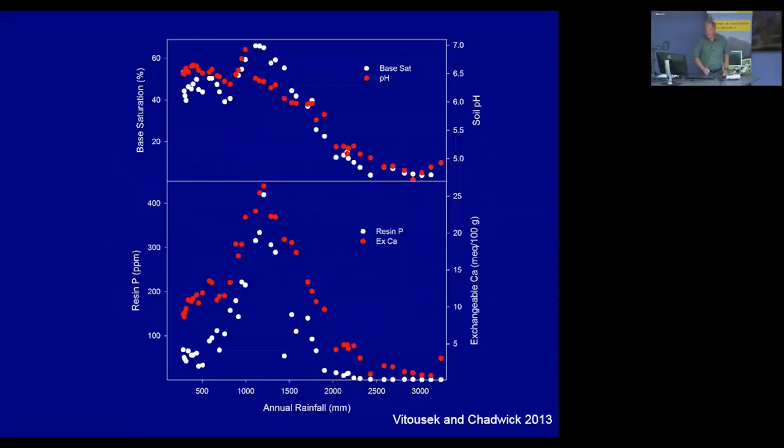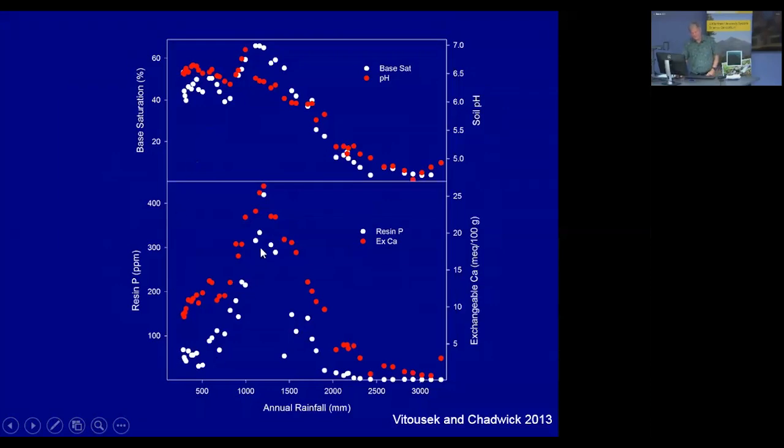And another set of things that vary in interesting ways, where we see that pH and base saturation is a bit like calcium. pH is more continuous, in that the acidity increases with increasing rainfall across the whole gradient. pH gets lower and lower, which makes sense, of course.